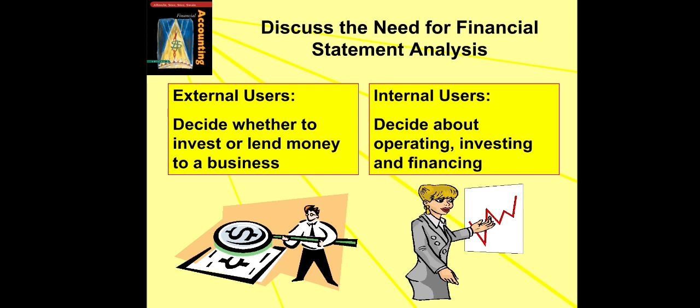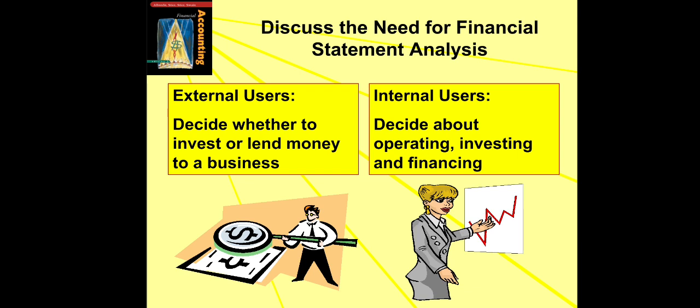So the suppliers who give the credit, before they give the credit, most of the time they will do financial statement analysis. If the supplier sees that the business is a good business, when they do the financial analysis and find that the business is good, then they will allow the credit transaction.